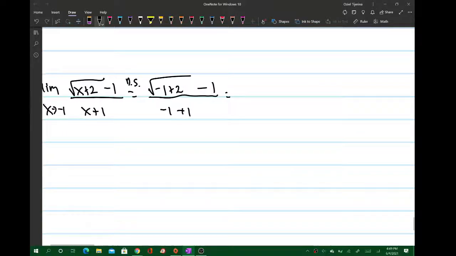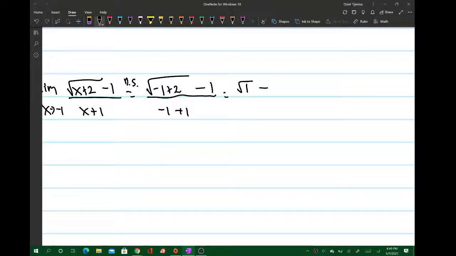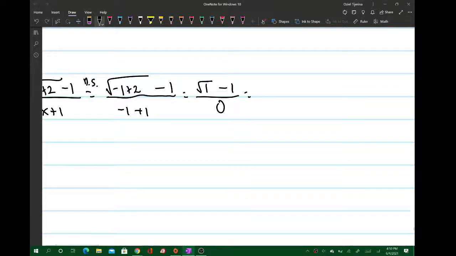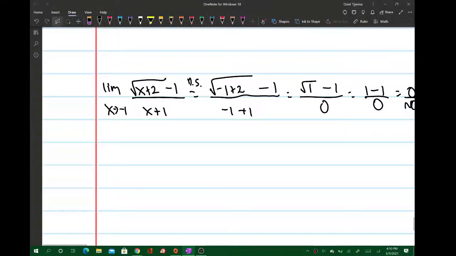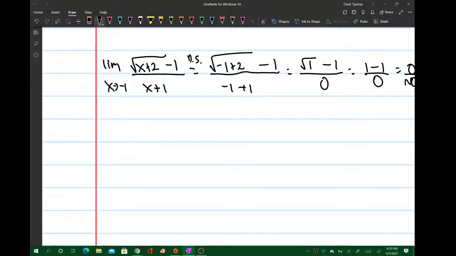This is equal to the square root of 1 minus 1 over 0, and it's the positive square root, okay? It's going to be 1 minus 1 over 0, which is 0 over 0, which is, oh no, right? Because again, we don't want indeterminate form. So what are you going to do? You're going to multiply by the conjugate.